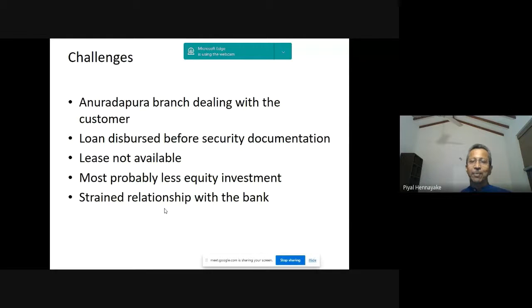I don't think it is happening now in the banks, but even before the mortgage was taken, the loan had been disbursed. The problem was Mr. Hettigoda had got this land from, I think, Mr.